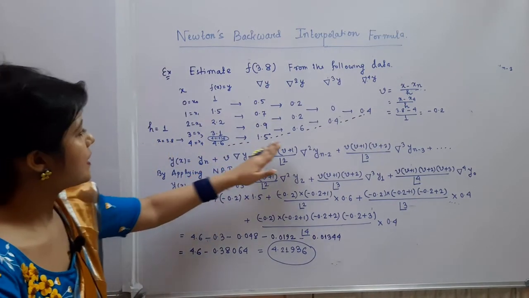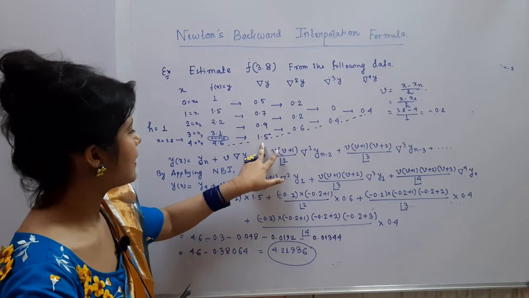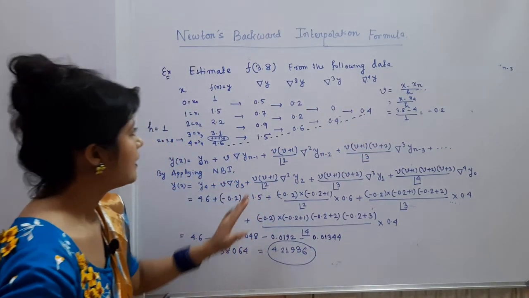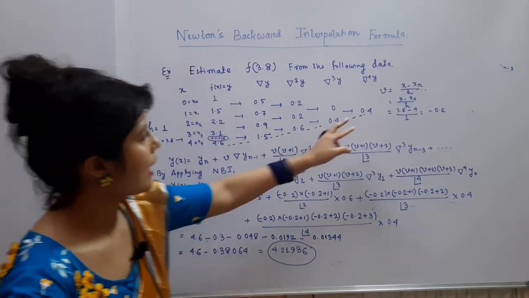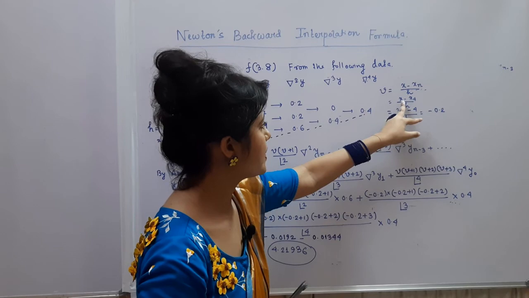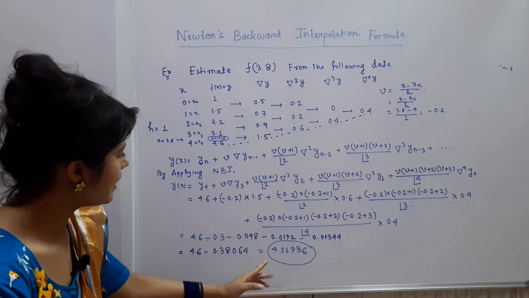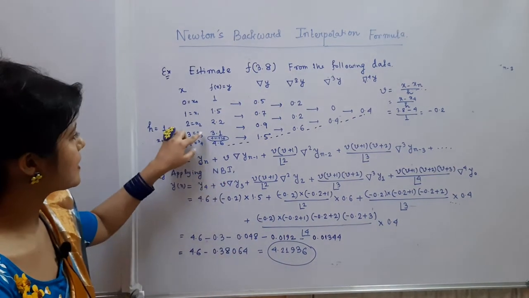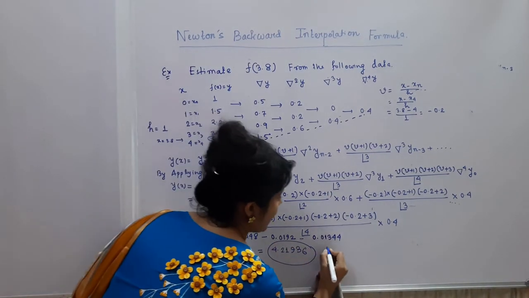So I have estimated the values of y4, delta y3, delta square y2, delta cube y1 and delta to the power 4 y0, and I have already calculated v, which is (3.8 minus 4) by 1, and finally calculating this, I have got the answer, and clearly it is between 3.1 to 4.6. So this is the answer.